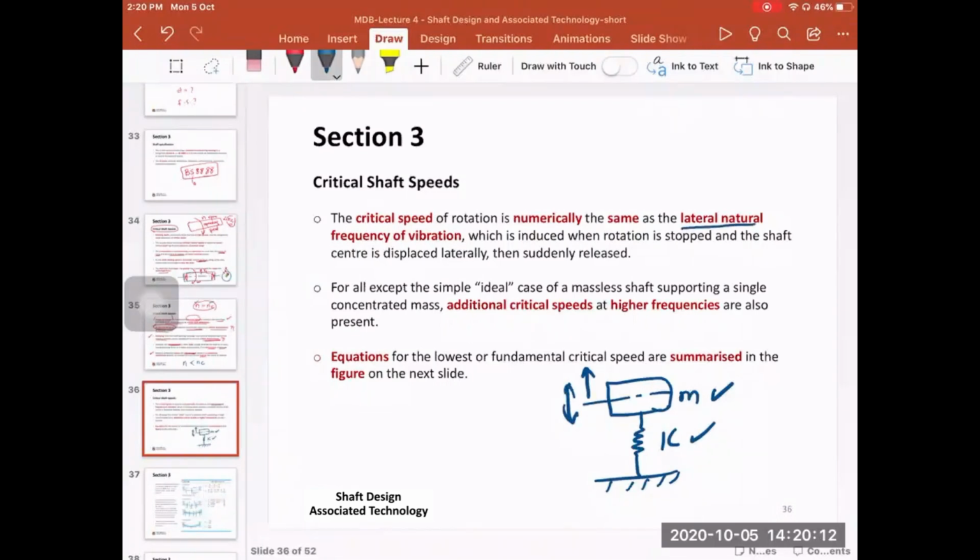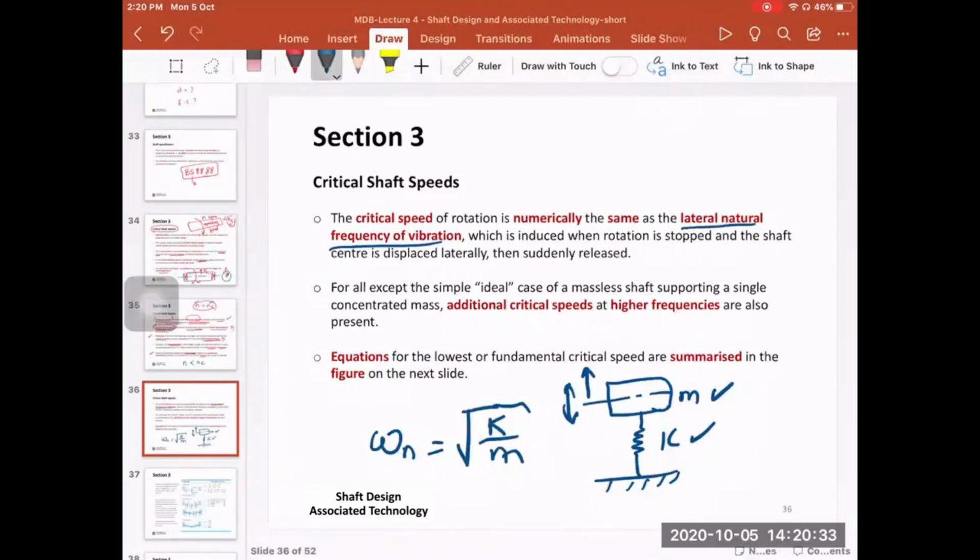This is called the lateral natural frequency of vibration, where the natural frequency of this system is defined as the square root of K divided by M. So this is just a mathematical model of the shaft.